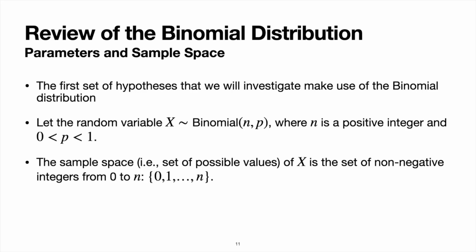If you remember, the way that we think about a binomial random variable is that it's counting the number of successes in n independent Bernoulli trials. So a set of Bernoulli trials is trials that are independent. Each trial has two possible outcomes, which we typically call success and failure. The probability of success on any given trial is the same from one trial to the next.